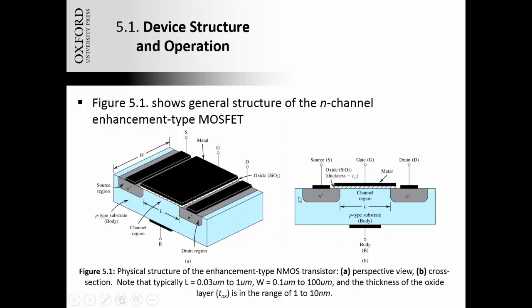In other words, the source terminal always has 0 volts between it and the body electrode down here. And if this is a discrete device, like we use in the lab, the body and the source are tied together internally, and we only have 3 terminals coming out from the device: the source, the gate, and the drain.